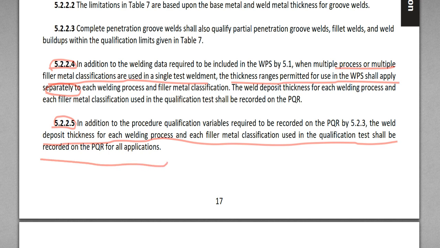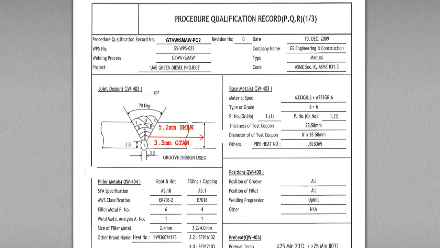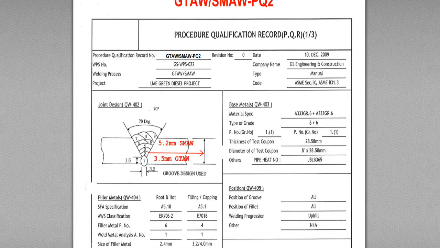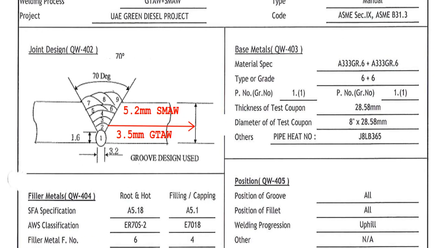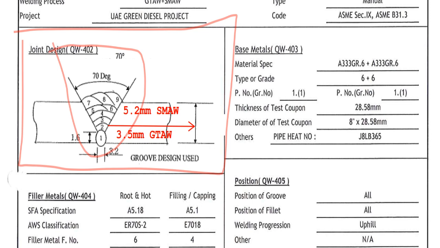So I'm going to show you the PQR. Here it says procedure qualification record, which is PQR, and you have joint design here. You have a single V-groove weldment. Up to this 3.5 millimeter, the welding process is GTAW.